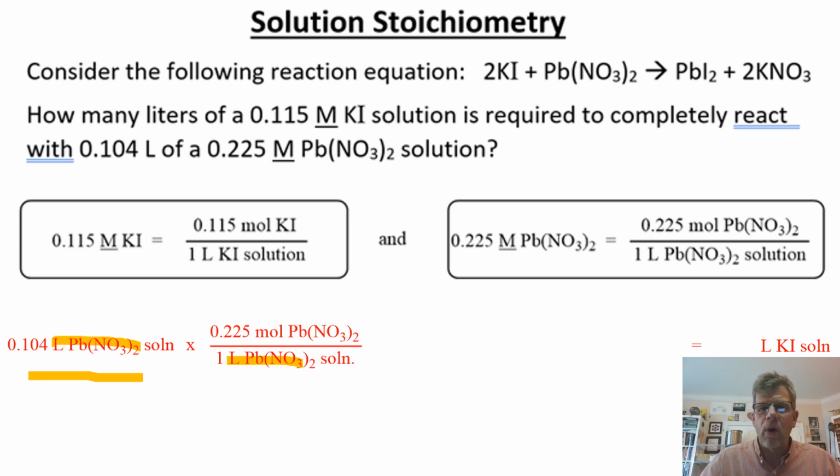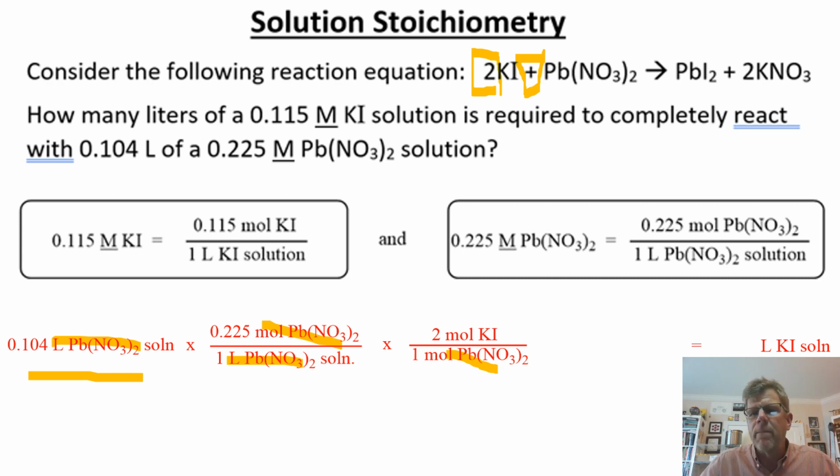Now that we're in the land of moles, all we have to do is look back on the chemical equation of reaction and find that that is a 2 to 1 molar ratio. So we're going to set that up so that the moles of Pb(NO3)2 cancels using that 2 to 1. So these moles now go away, and we're in moles of KI. Well, moles of KI to liters of KI here over on the left now, that is our per expression we're going to be using, times 1 liter of KI solution per 0.115 moles of KI.